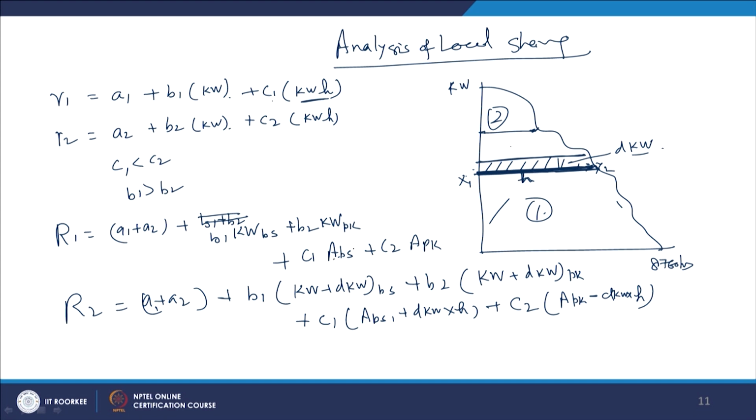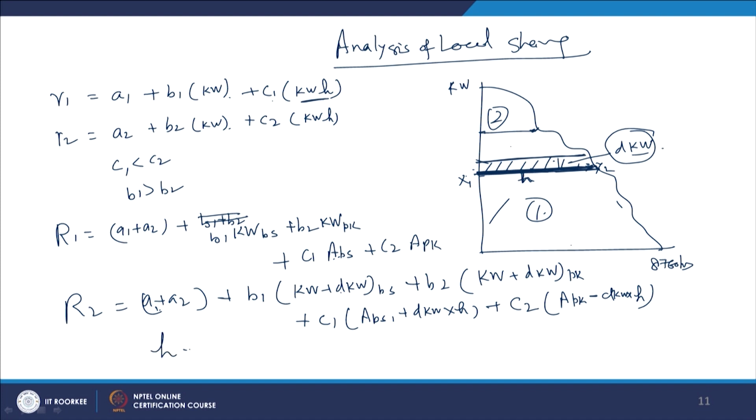Kilowatt hours, we have taken the area of the graph. Now, next cost, when there is a change in the d kilowatt, right, then the next cost A1 plus A2 will remain same, fixed cost will increase. So, we have added running cost C1 is going to be this area plus this area, and C2 this area minus this area.